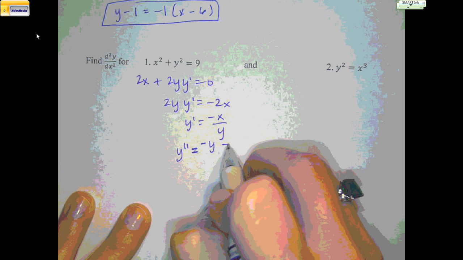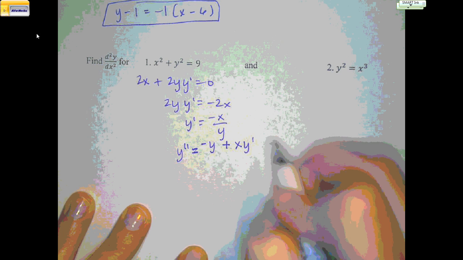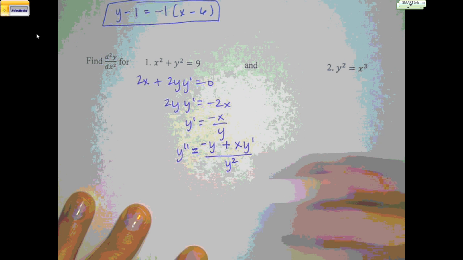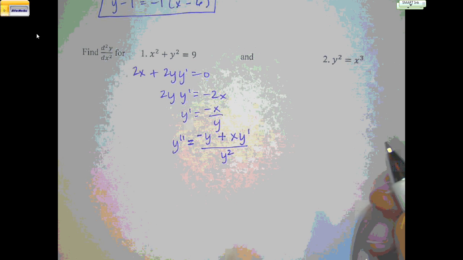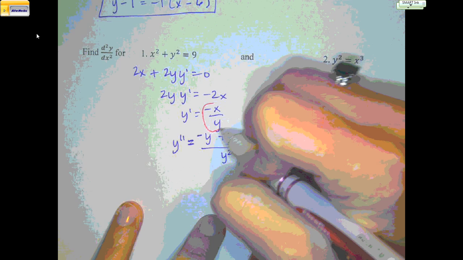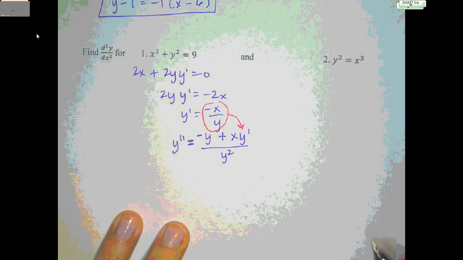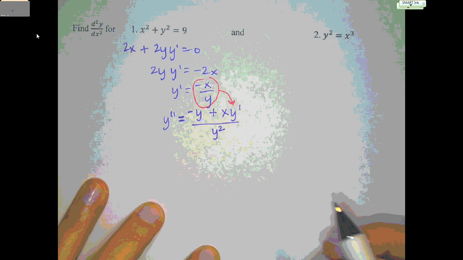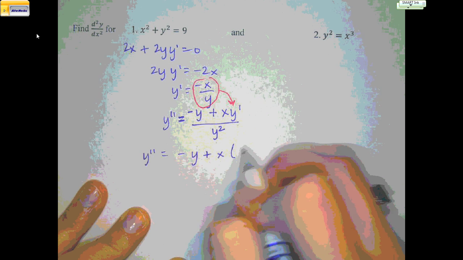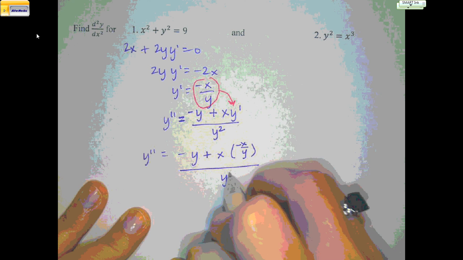So the top would be -x times the derivative of the bottom, which would be y prime, over the bottom squared. Now we can't leave it like this. You see where this has a y prime right here? We know what y prime is. It's -x over y. So now we're going to plug it in. So the second derivative is -y plus x times -x over y, all over y squared.